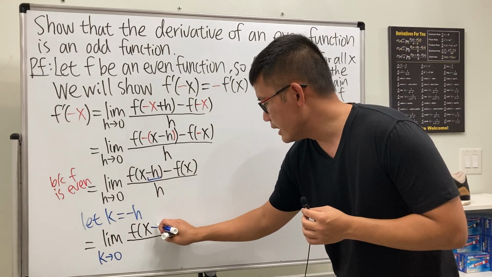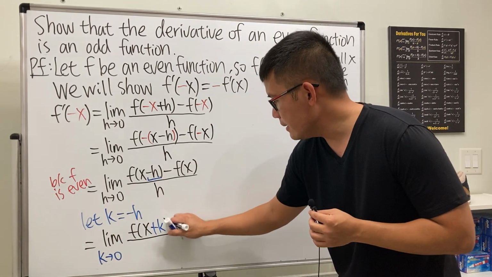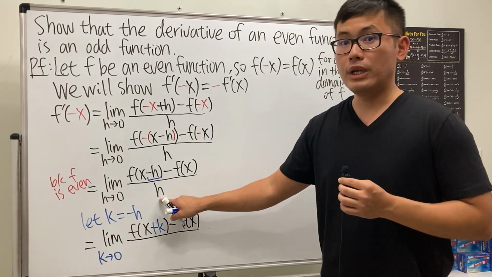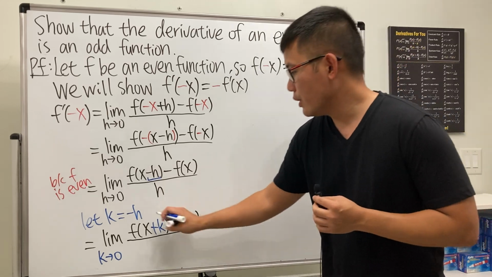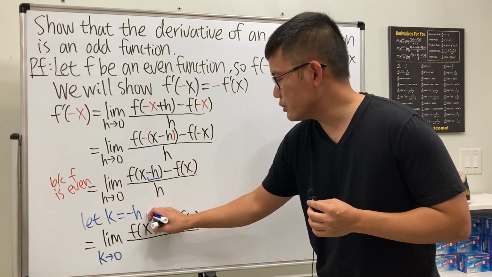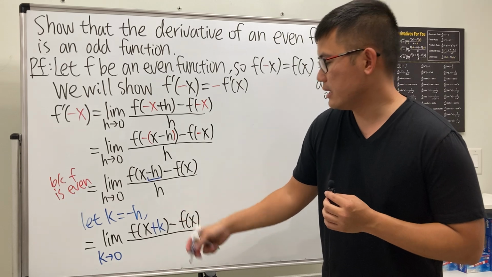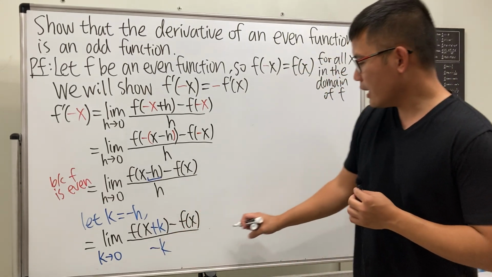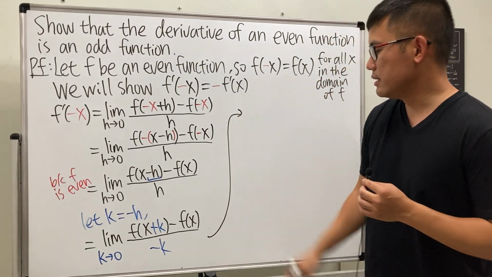So we can just say, let's add k to it, and then minus f of x. And here we have h. Well, what do we do? Well, if k is equal to negative h, that means h is equal to negative k. Very nice.